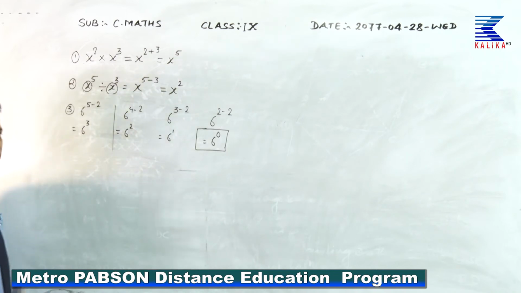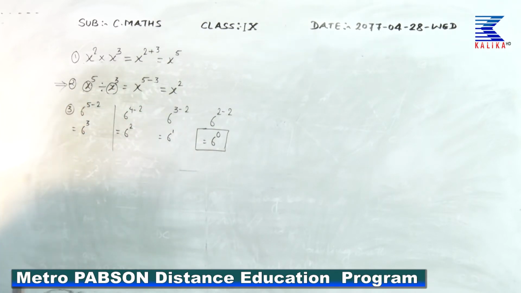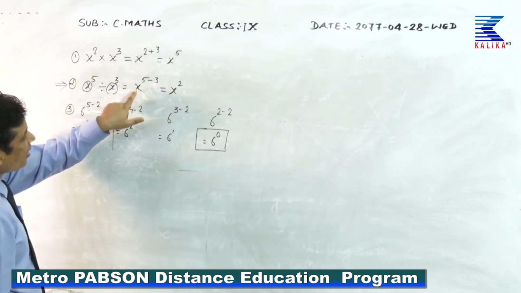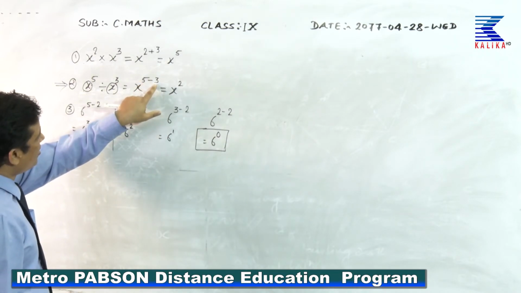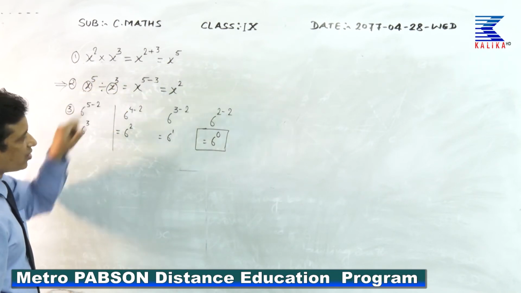Now, what is 6 to the power 0? What does the power of 0 mean in the laws of indices? As we have just studied the second one, dear student, let us focus on it. Here x to the power 5 minus 3 is equal to x to the power 5 divided by x to the power 3.